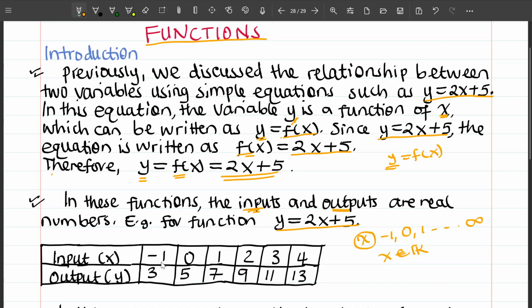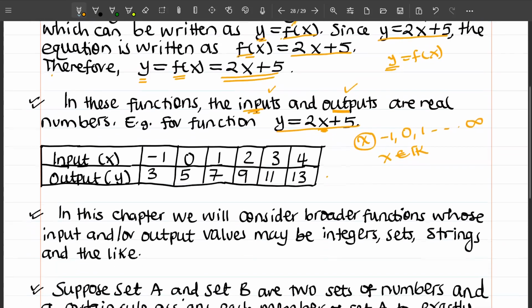If x is -1, you substitute: 2 times -1 plus 5 gives us 3. What if x is 0? You substitute in the same equation, and the corresponding value of y is 5. The same applies to 1, 2, 3, and 4. So for any real input value of x, there is a real output value of y. That means both the input values and the output values are real numbers.